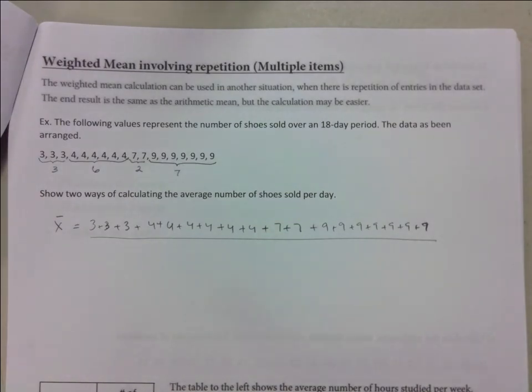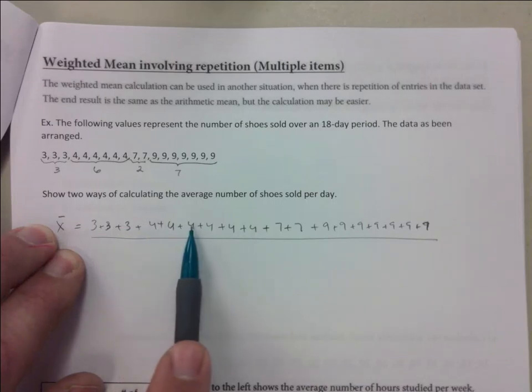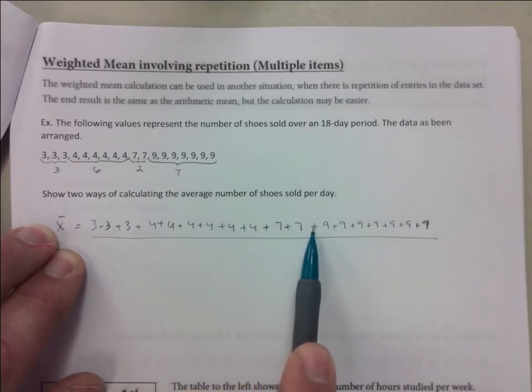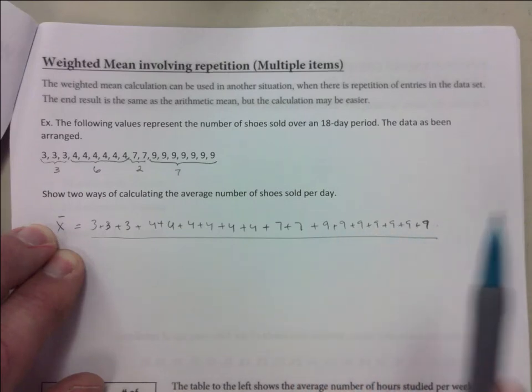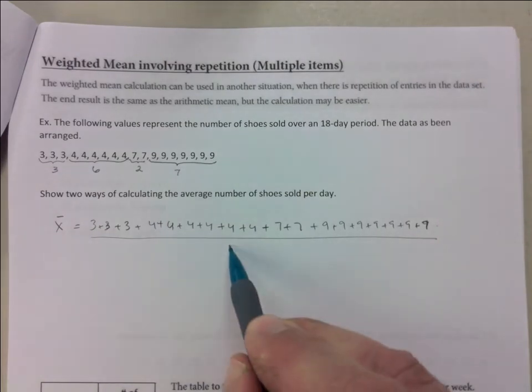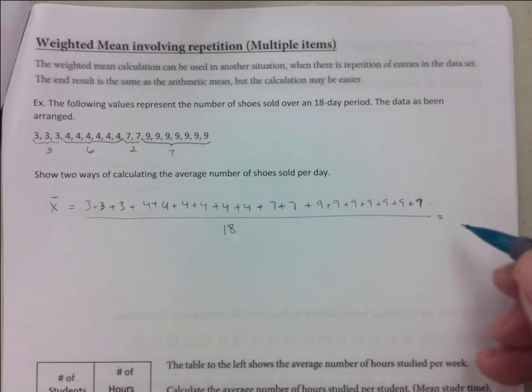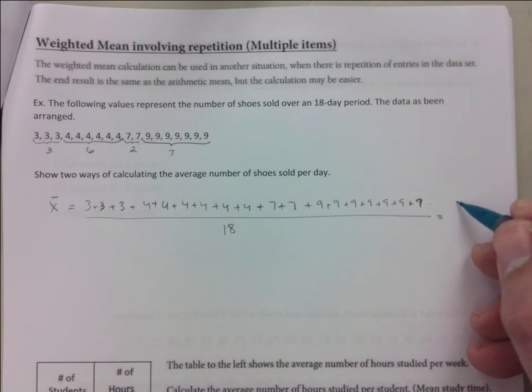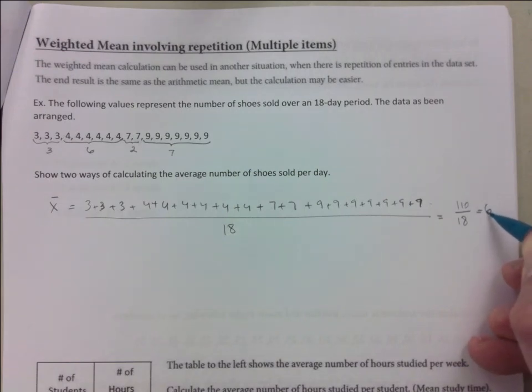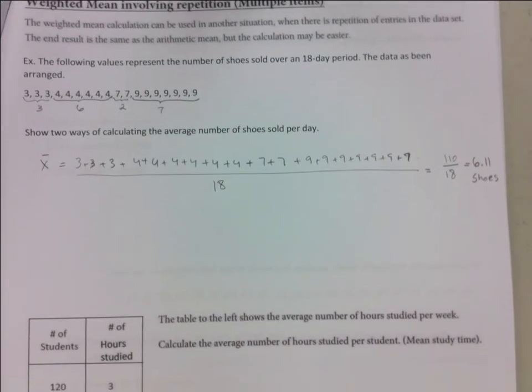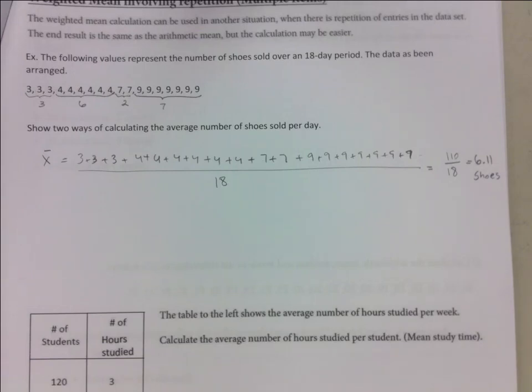The number of numbers that you've been adding, right? Just like before. So let's count. 2, 4, 6, 8, 10, 12, 14, 16, 18. I've got 18 values. Our sum is 110 divided by 18. We get 6.11 shoes that are being sold. Stats is the only one where you do want to have a decimal. Normally you wouldn't want to.